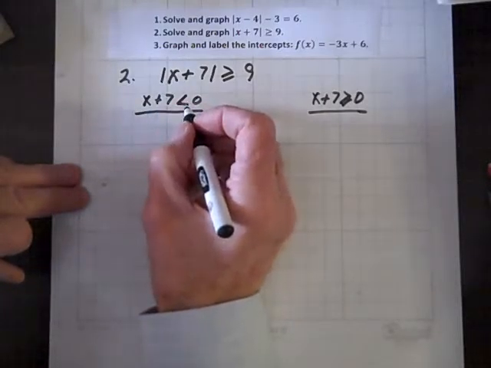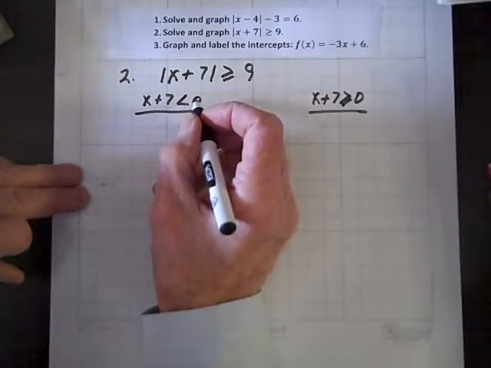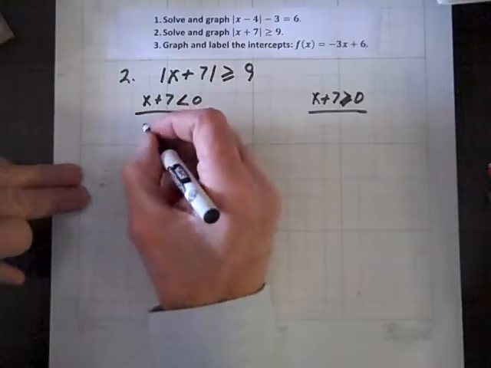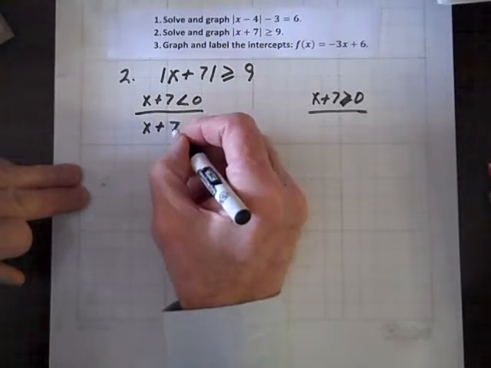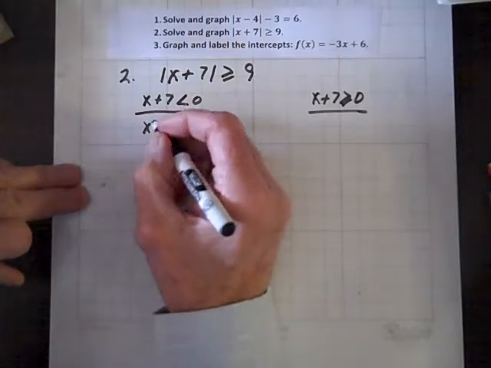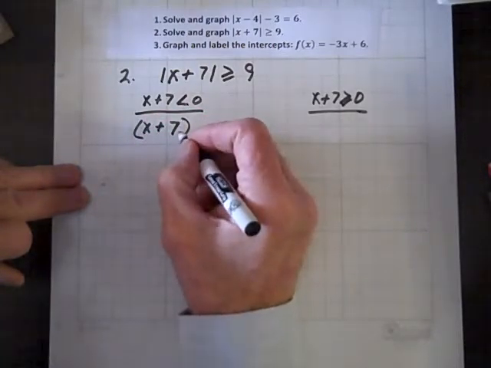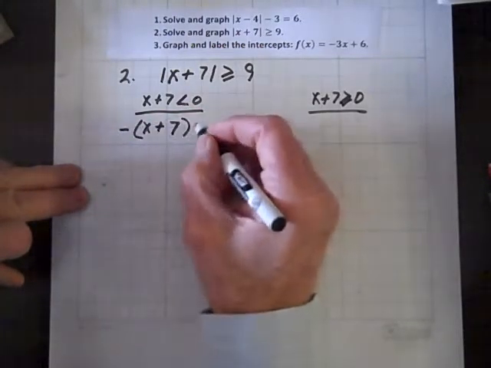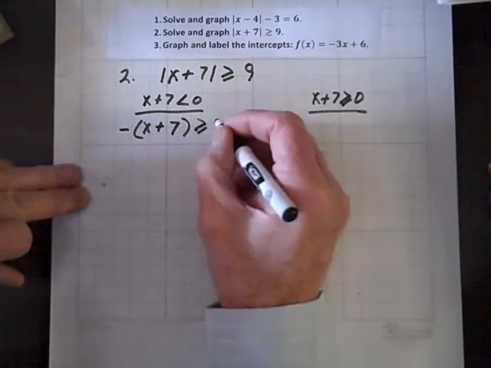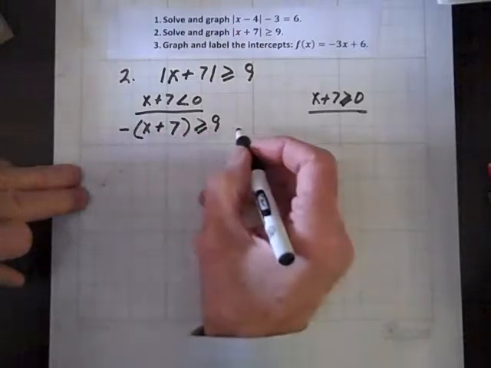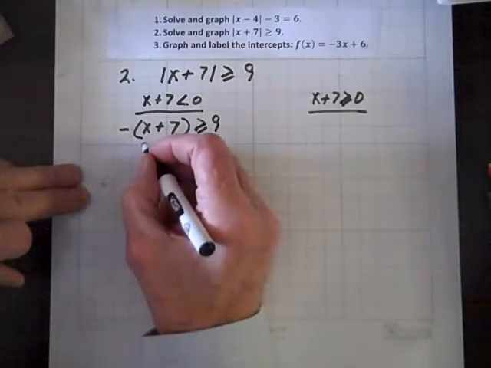So if x plus 7 is less than 0, then we can dispense with the absolute value bars if we, and I'm going to do it the long way, I'll put a negative in front of this, greater than or equal to 9, and now we'll multiply both sides by a negative 1.